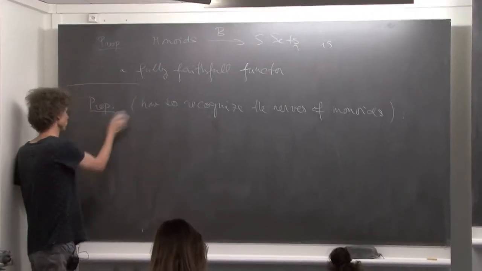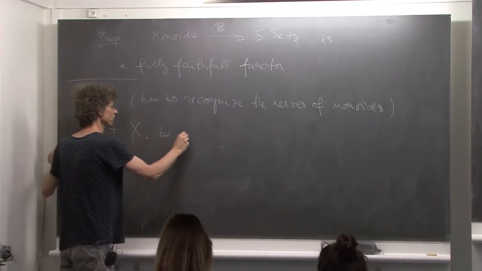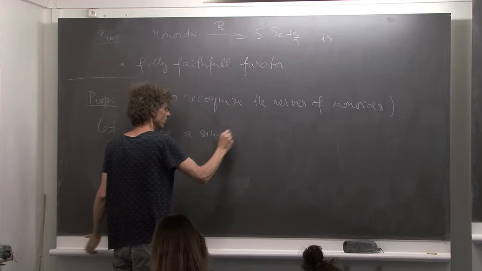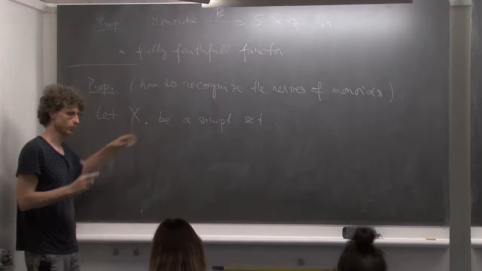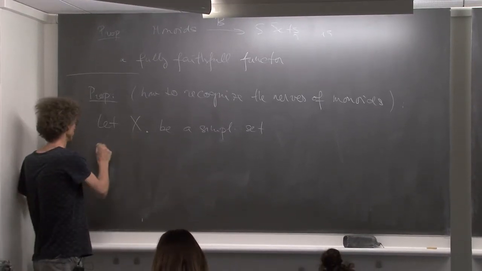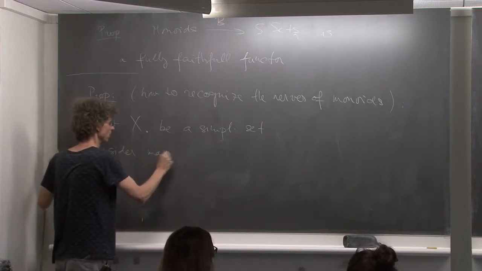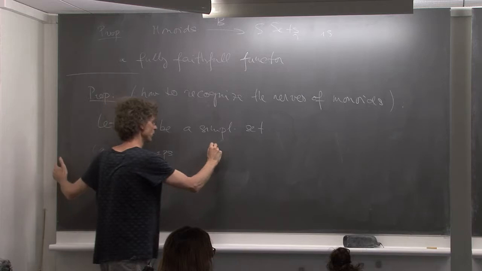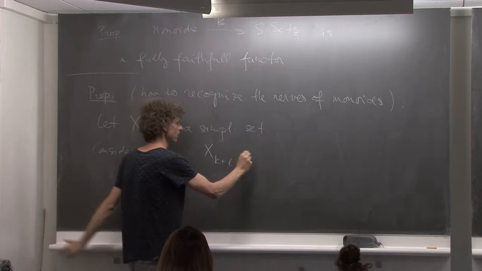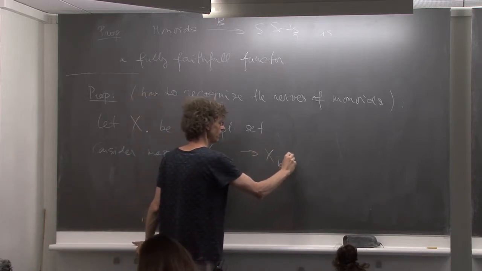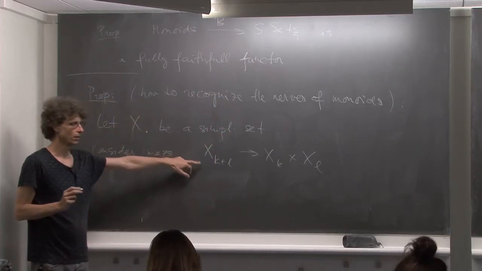So let X be a simplicial set. Now let's consider these maps, which go from X_{k+l} to X_k times X_l.